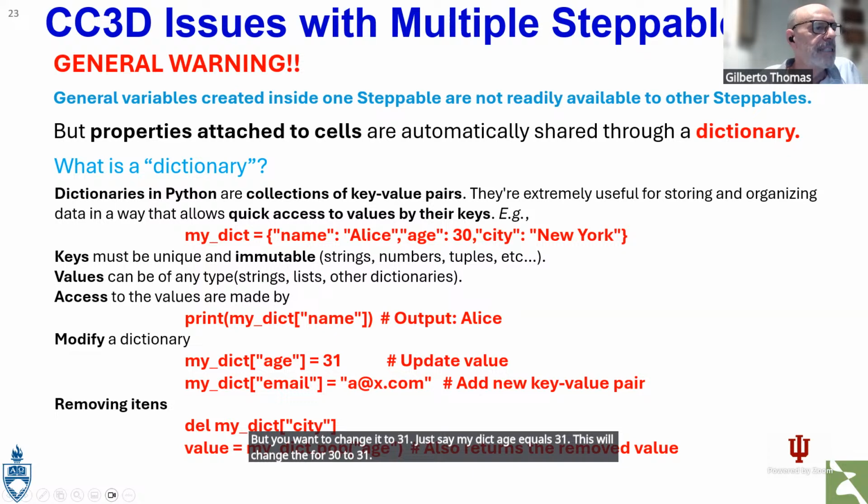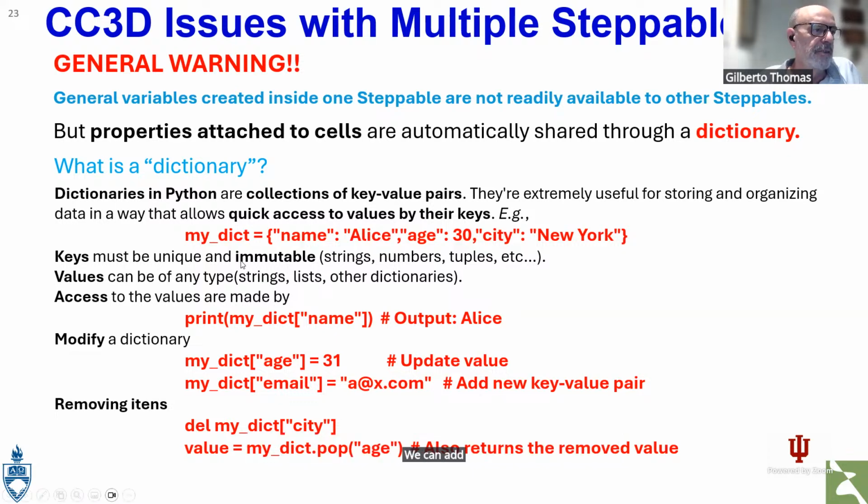We can add new keys to the dictionary. For example, here, my_dict, a new key, because email wasn't in the former definition. You add a new key email with the value at x.com, and this will be added to the dictionary.